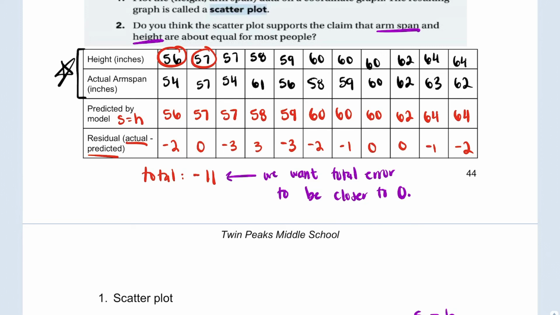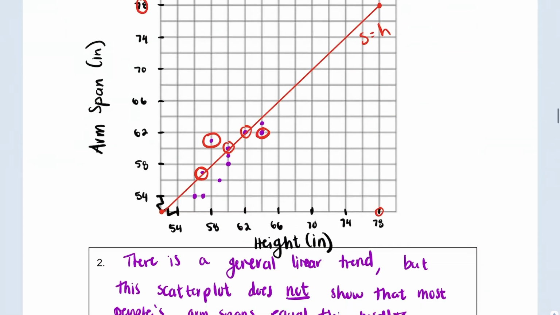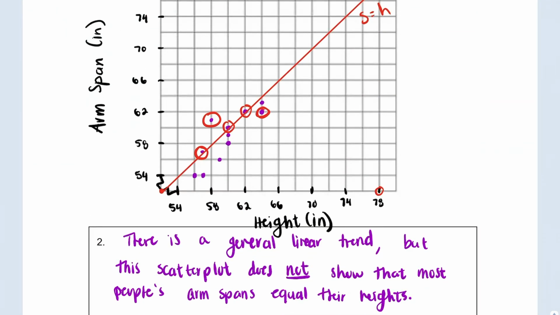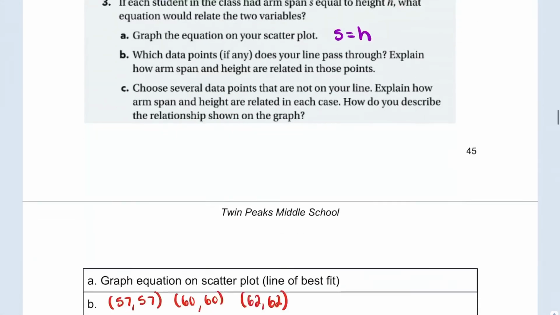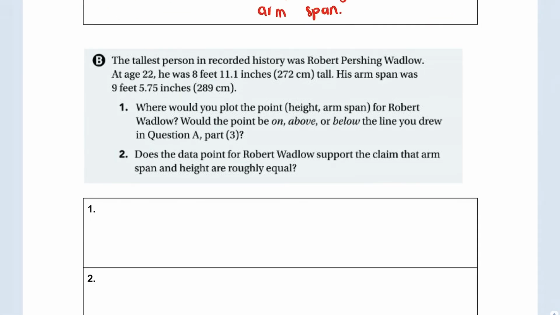Because when there's 0 error, that means your predicted model is going to be fairly accurate. Okay, -11, not the greatest. You'll see that most of my points are actually below that line of best fit. Okay, all right.